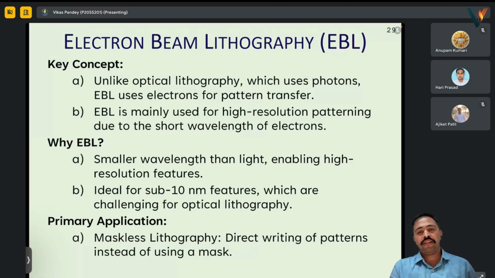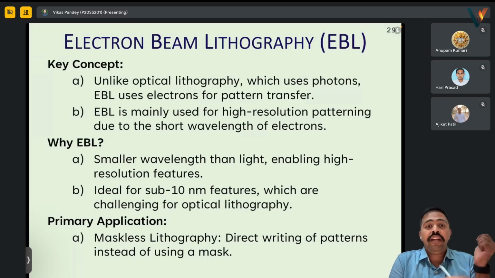So when we are talking about lithography, we talked about the limitation that in photolithography, where we are using light, it is limited by lambda, the wavelength of light. So we can go to something which has lower wavelength than light.